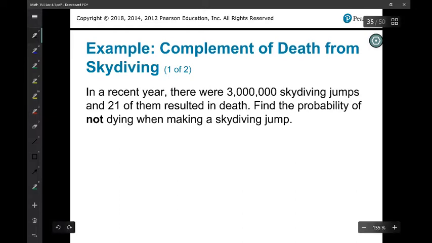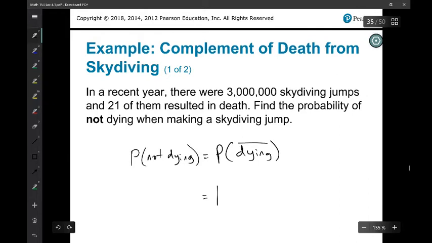So the probability of not dying would be the probability of the complement of dying. So it's always going to be 1 minus the probability of whatever event you're talking about.